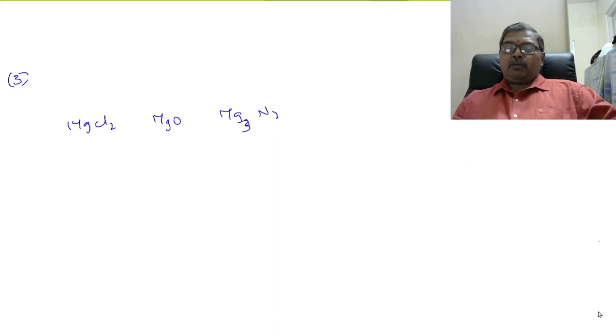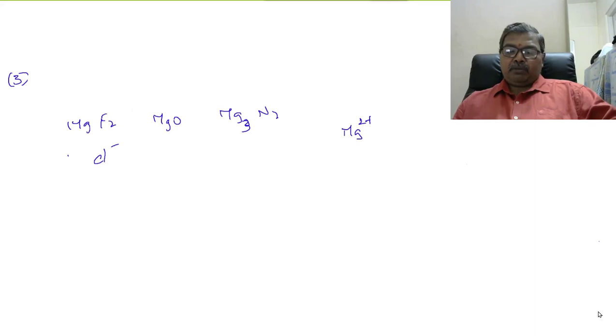In all these compounds, Mg2 plus is common. Here Cl minus is there, or you can take best MgF2, because fluorine, oxygen and nitrogen are present in the same period.